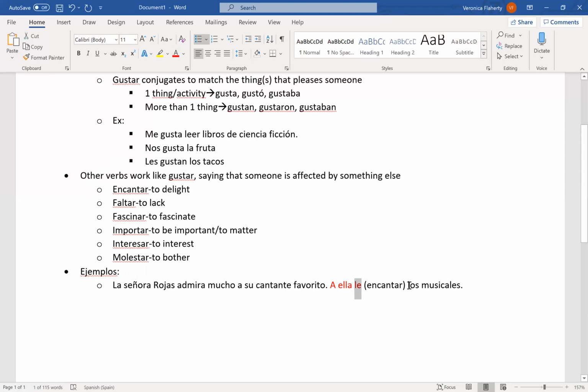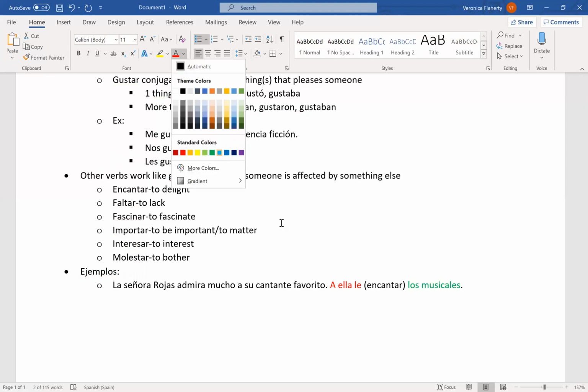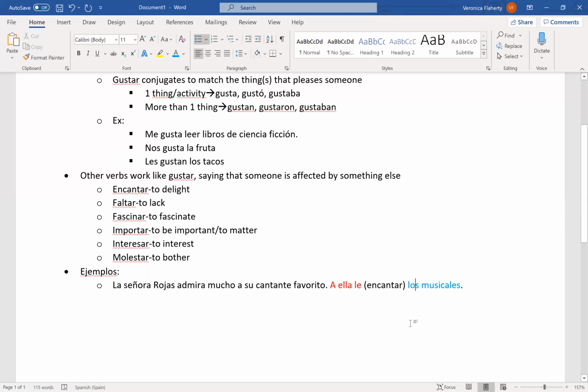And what are we going to do with encantar? That should match los musicales. That's the subject. Encantan. Exactly. A ella le encantan los musicales. She loves musicals. Musicals delight her.